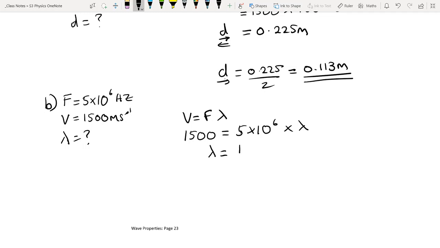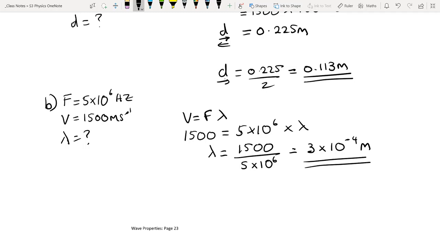So the wavelength is going to be 1,500 divided by 5 million, 5 times 10 to the 6, which comes to 3 times 10 to the minus 4 meters. 0.0003 meters.